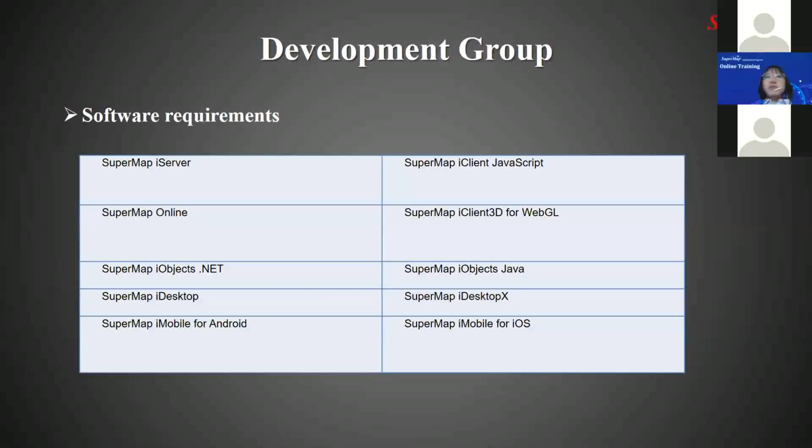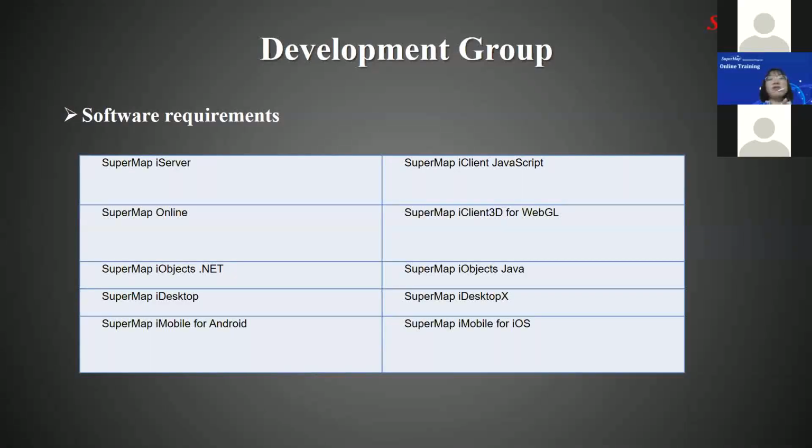For the development group, what software you could use, and here are some of the software that you could use. Use iServer for your data server, iClient JavaScript for your WebGIS library, and iClient 3D for WebGL. It can be used for your 3D GIS library and SuperMap Online.